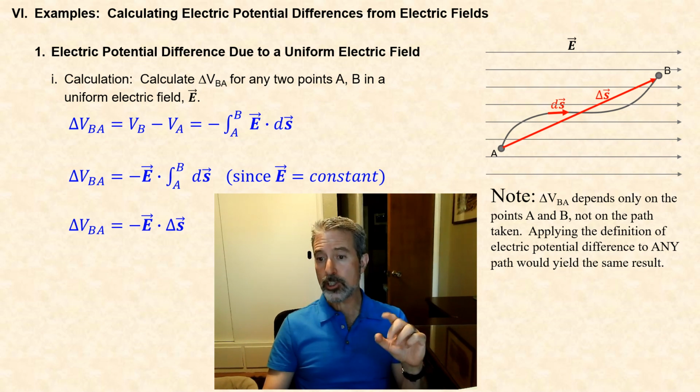Applying the definition of electric potential difference to any path would yield the same result. But remember, when you talk about the displacement, you're talking about the change in position between points A and B. The vector delta S represents the total displacement between those 2 points in space.